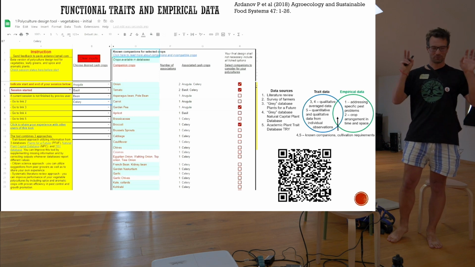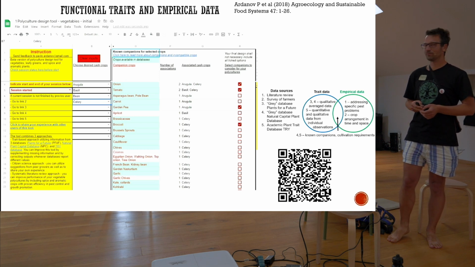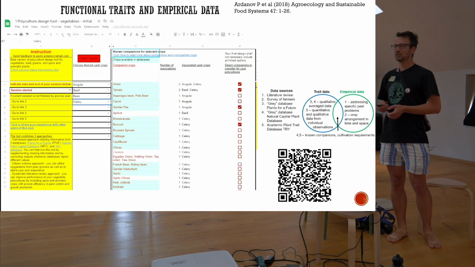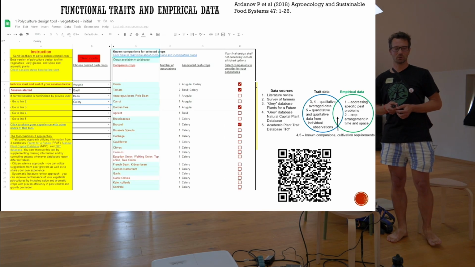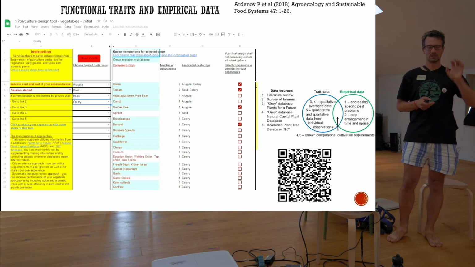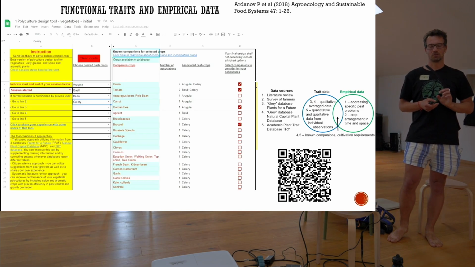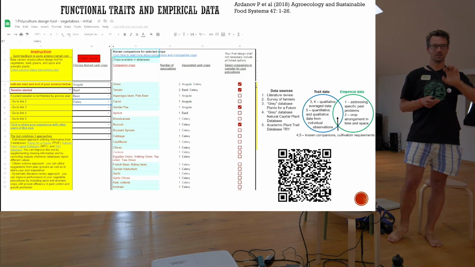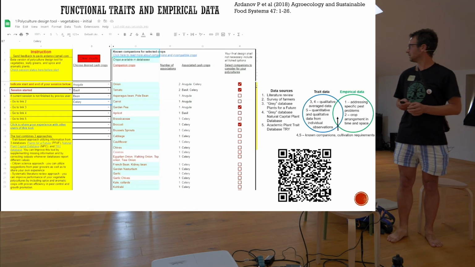These are kind of polyculture databases of plant traits. And the third is the TRY academic database. It is useful because it contains individual observations, so you could really calculate the value of your trait based on individual data.